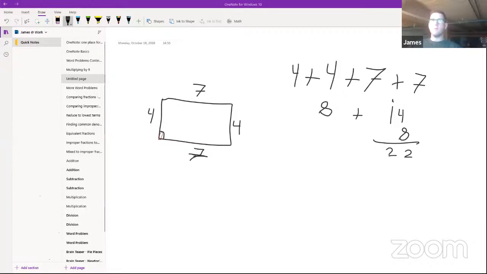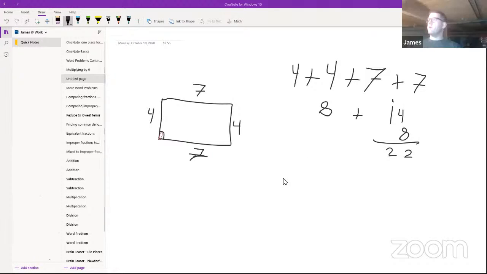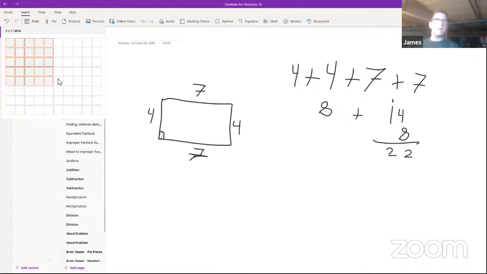What's another way? Do you have a kind of paper that has squares on it? Oh, I know what you're talking about. I don't think I have that paper, but let me see if I can make something.